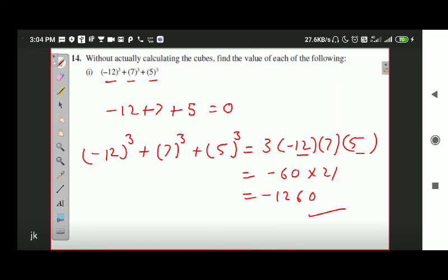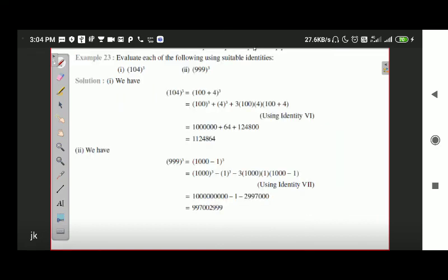Okay, after this, finally we are going to see one of the examples. The example is, you have to determine the value of the cube of 104 and the cube of 999. Okay, if you multiply 104 with 104 with again 104, it is going to be quite tedious for you. So what you do is you apply the identity. How do you do that?